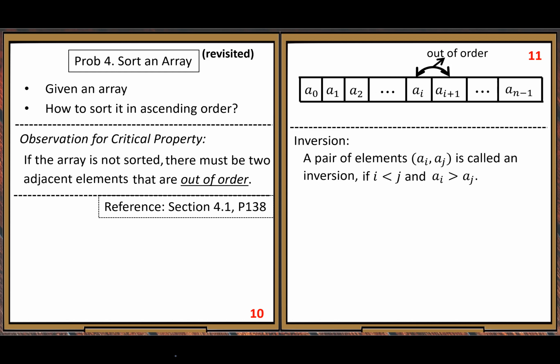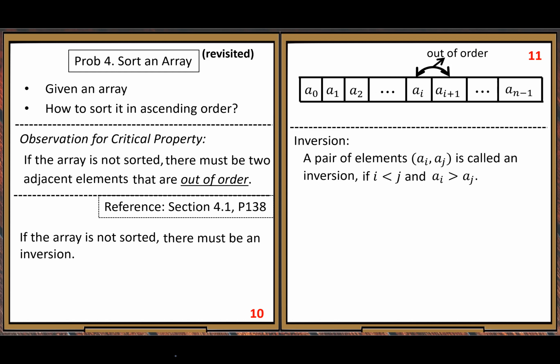We use this inversion concept to describe that out of order phenomenon. After we have this concept definition, we can describe our property in a newer version. If the array is not sorted, there must be an inversion.